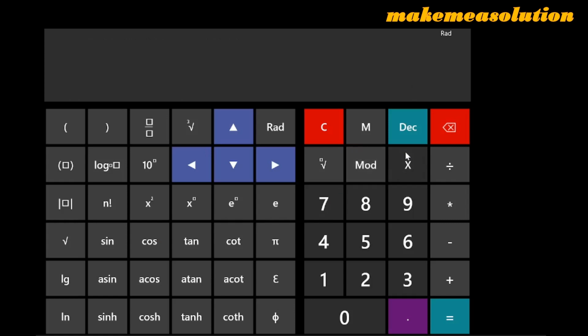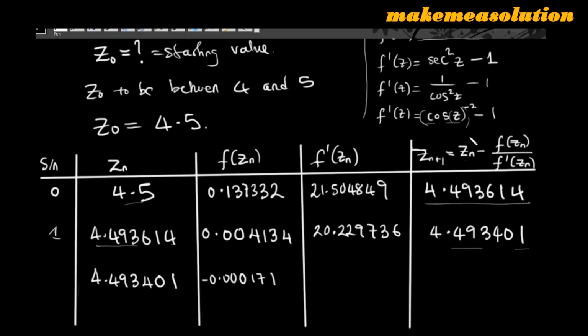So f prime of zn is cos z to the minus 2, then minus 1.